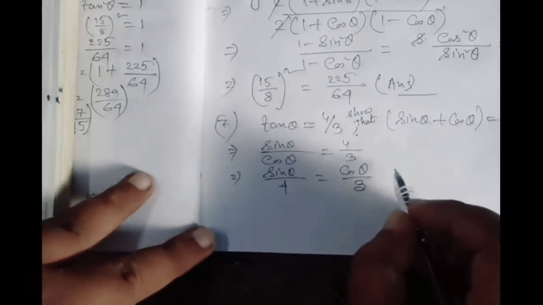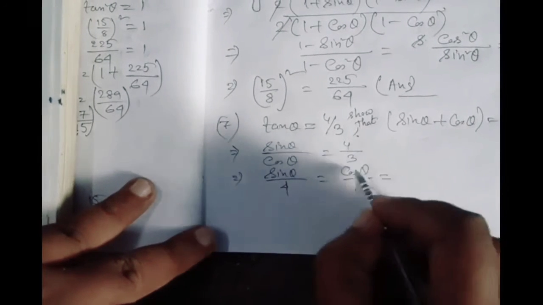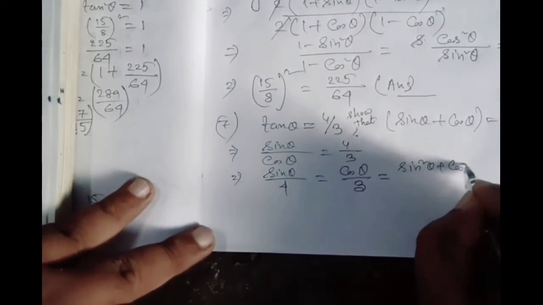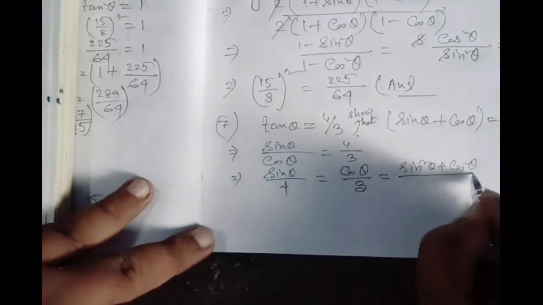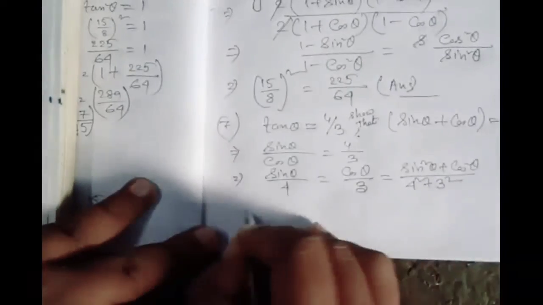Now there is a rule that we can apply here, squaring and adding both, then we can get sin square theta plus cos square theta, and this can be written as 4 square plus 3 square.